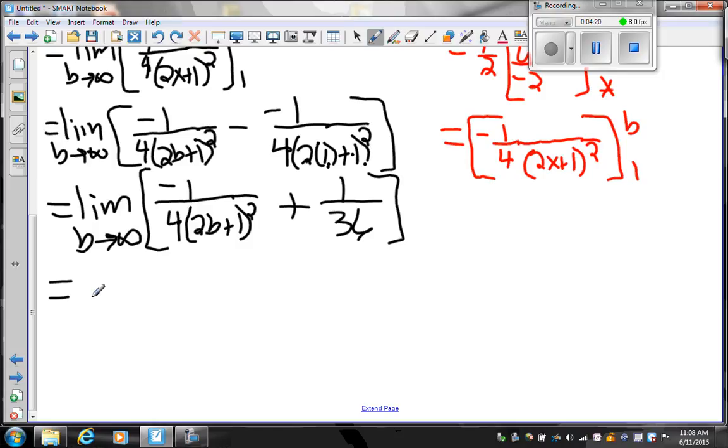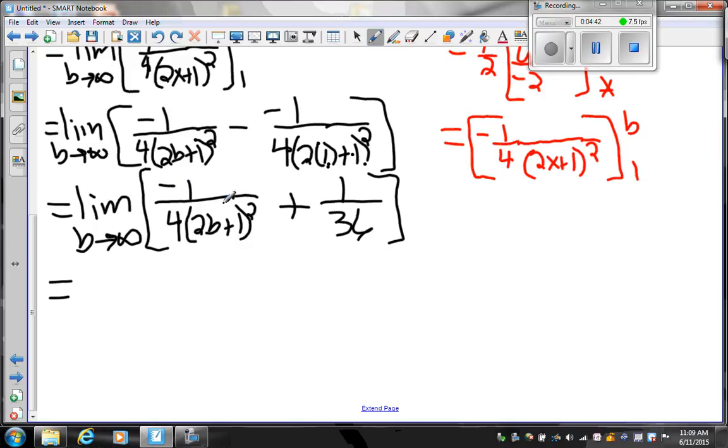Notice that b is getting closer to infinity, so b is getting larger and larger and larger. As b gets bigger, 2 times b gets bigger, 2b plus 1 gets bigger. If you take a big number and square it, it gets really big. Multiply by 4, that's even bigger. So negative 1 divided by a very large number is very small.